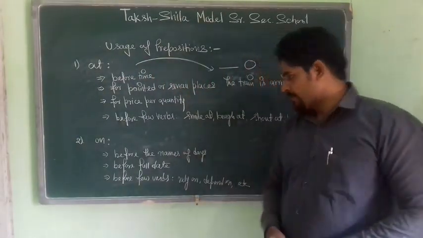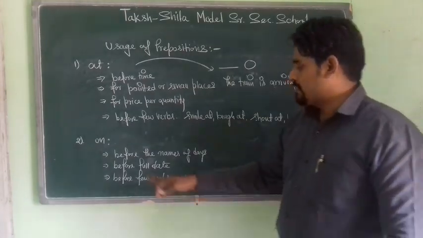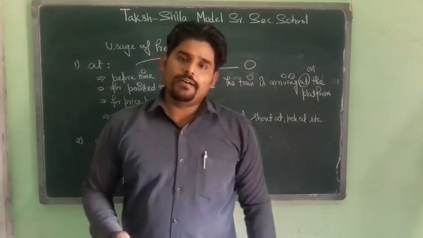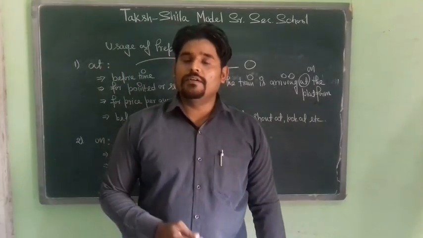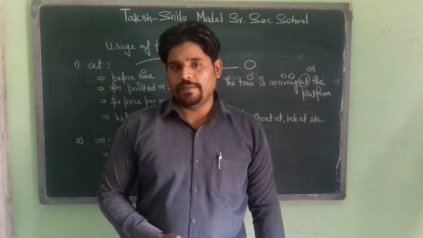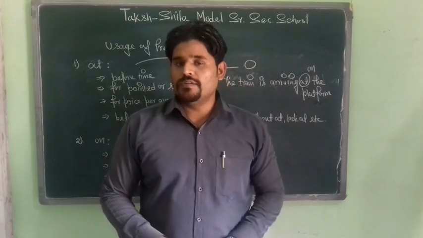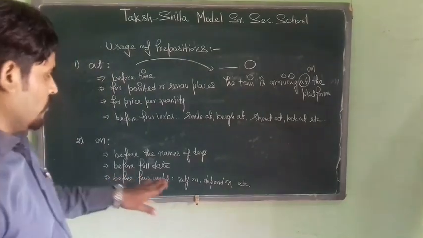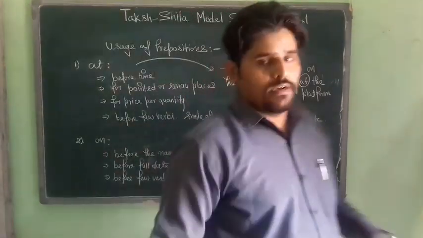on Wednesday. The second use of on is before a full date. So students, what is a full date? A full date is like, India got freedom on 15th of August 1947. So 15th of August 1947 is a full date. Then there is the last point, before few verbs like rely on or depend on.